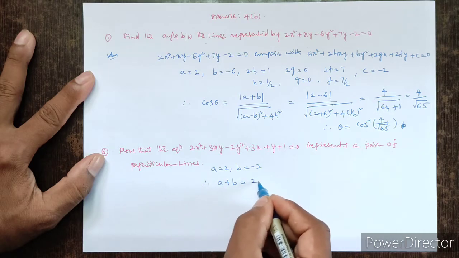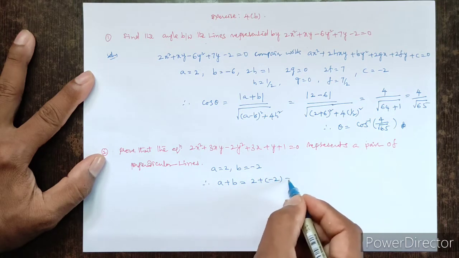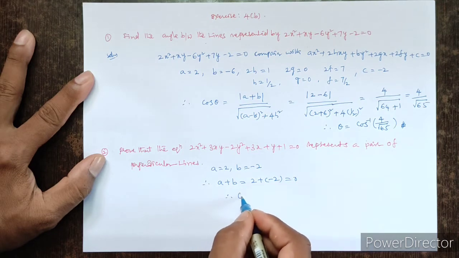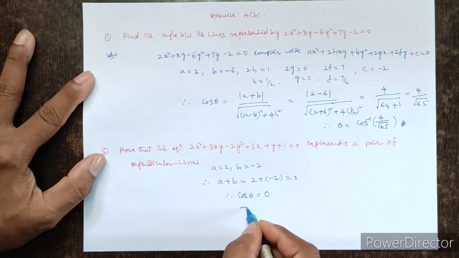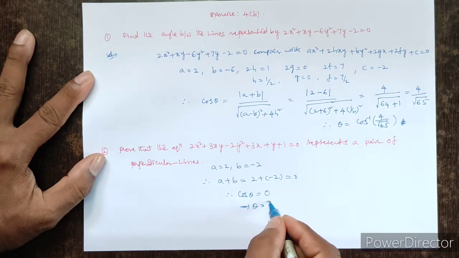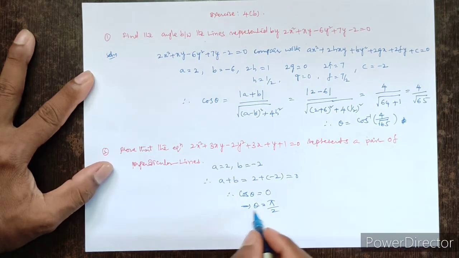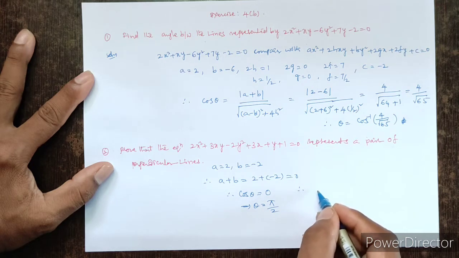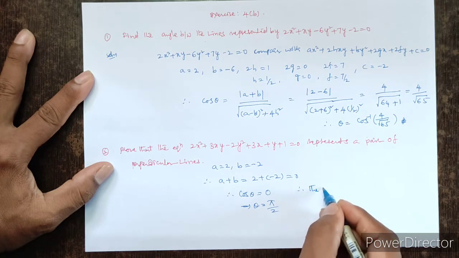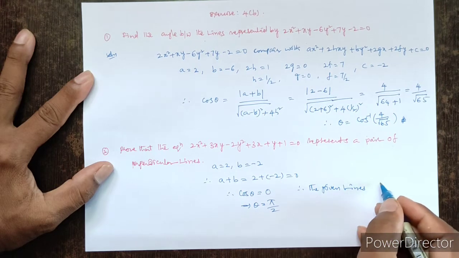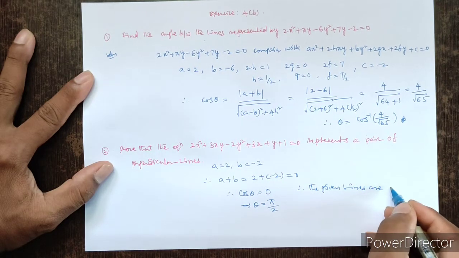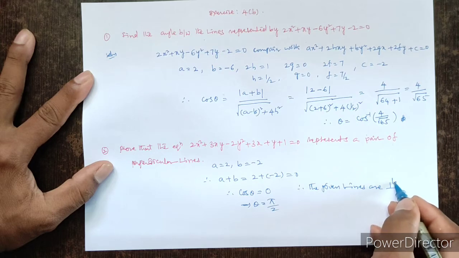A plus b equals 2 plus of minus 2 equals 0. Therefore cos theta is 0. Then theta equals 90 degrees. Therefore the given lines are perpendicular.